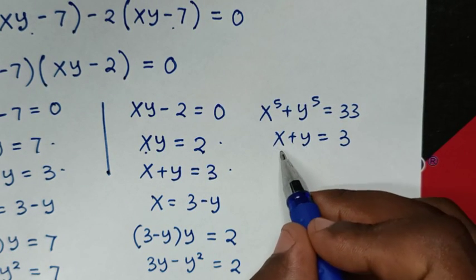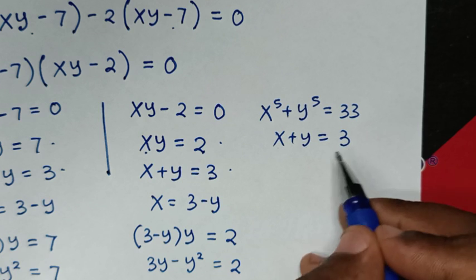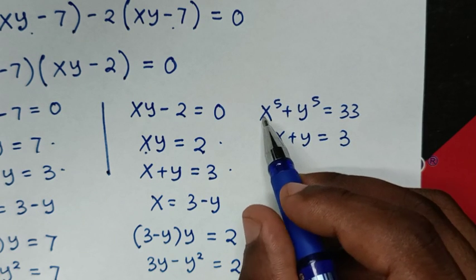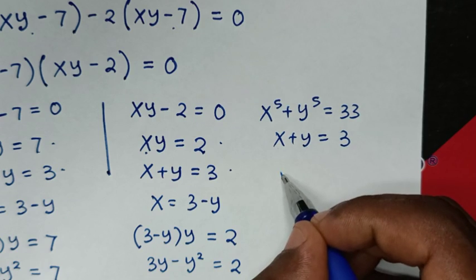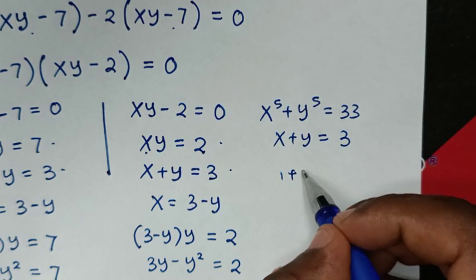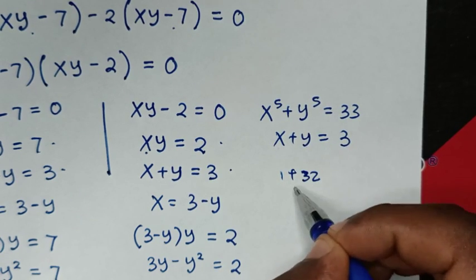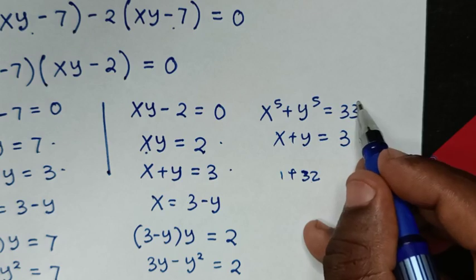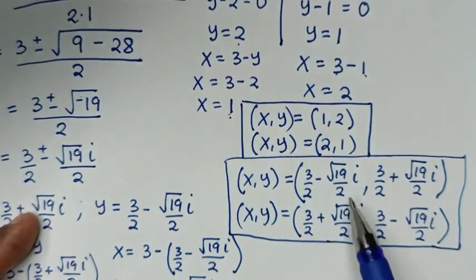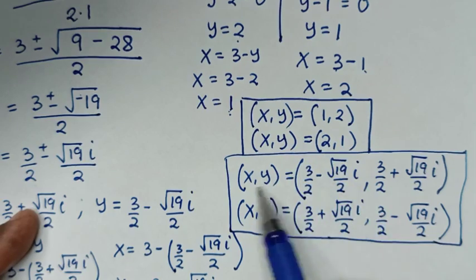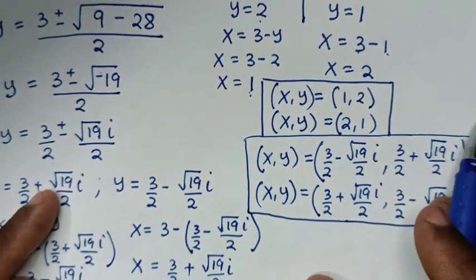And for x is 2, it will be 2 plus 1 is 3. Also to check, when x is 1, it will be 1 power 5 is 1, plus 2 power 5 is 32. 1 plus 32 is 33. So this proves that all four answers are correct.